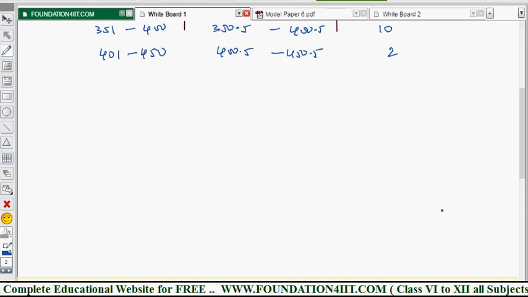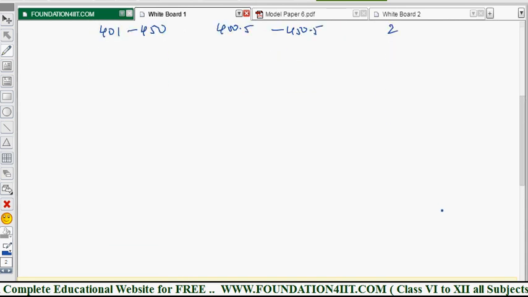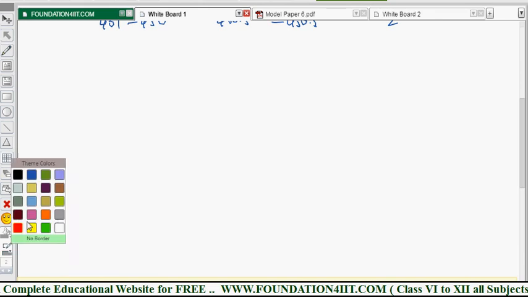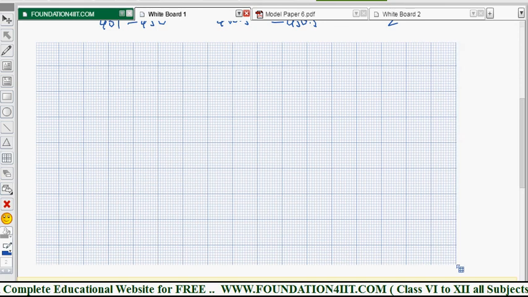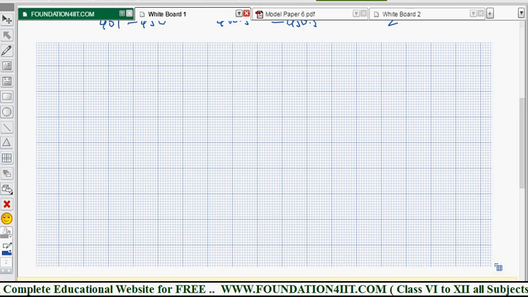So let me take the graph and we'll do this. On the graph paper only we can represent this. Take the x-axis horizontal and the y-axis vertical.